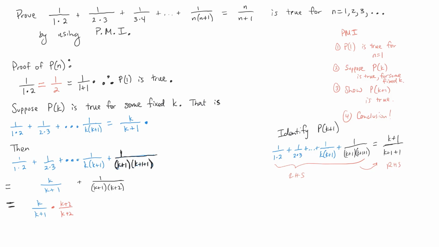You had to find a common denominator. Now we got the common denominator, and this is equal to k times k plus 2 plus 1 all over the common denominator, which is k plus 1 times the quantity k plus 2.